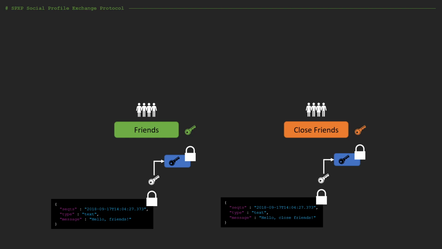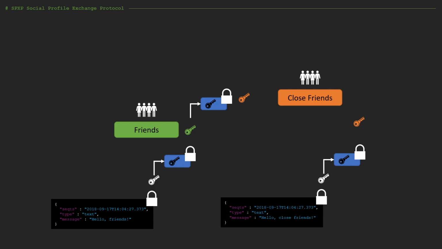This content encryption key is then wrapped by a key for close friends. Now, close friends should also be able to view all posts which are addressed to friends, because close friends are considered a real subgroup of our friends. Then we can organize these groups in a way so that keys from the close friends group are able to decrypt keys from the friends group.